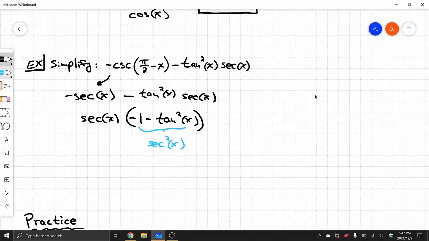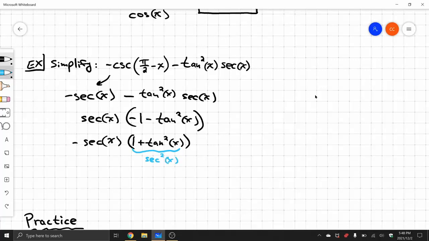Well, first I need to modify this real quick. I'm going to factor out a negative 1. So this is going to be negative secant x, and this is going to be 1 plus tangent squared x. And this is actually what is going to be equal to secant squared x.